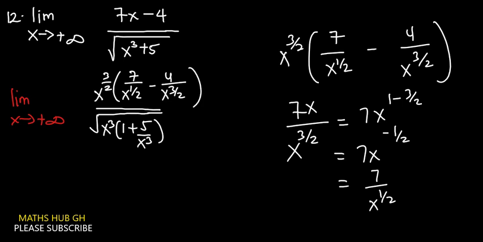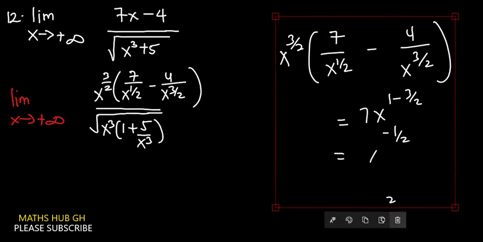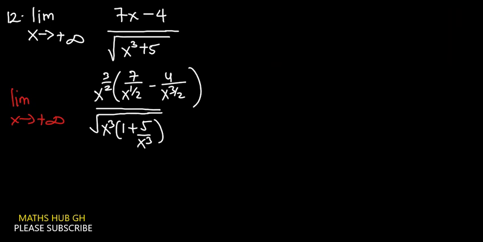Let's look at something here. You're going to rewrite the square root of x to the power 3 as x to the power 3 on 2, so we can do the substitution here.